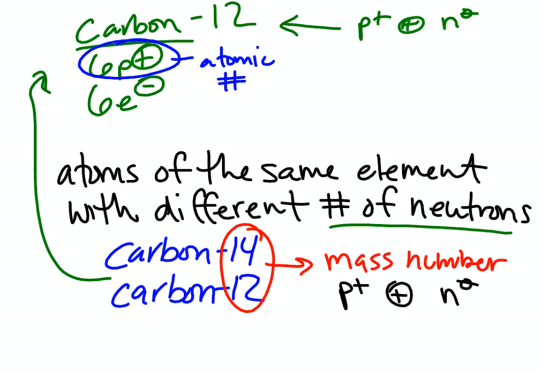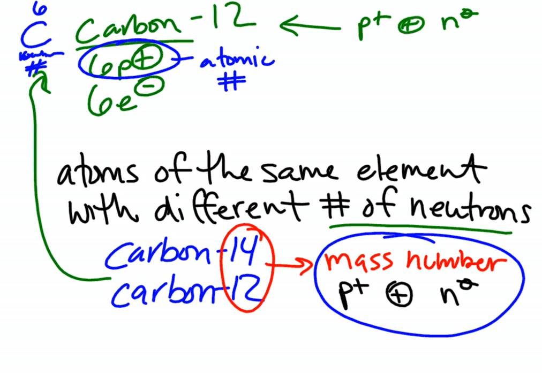For example, carbon would look like this, with 6 in the corner. And on the bottom, you'd have your name, carbon, and then a number. That number below is the average atomic mass. Now, the atomic number is the number of protons. The mass number is the number of protons plus neutrons. The atomic number has a symbol, Z. The mass number has a symbol, A.